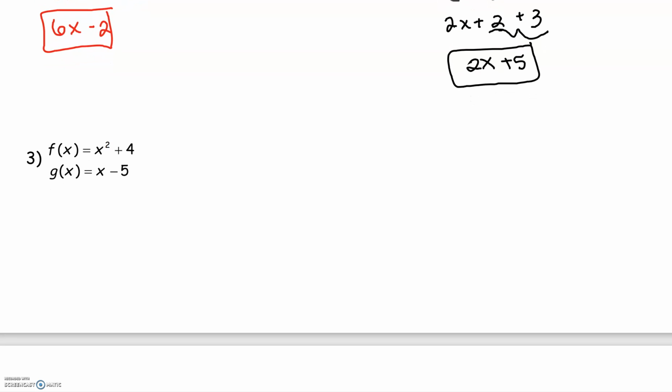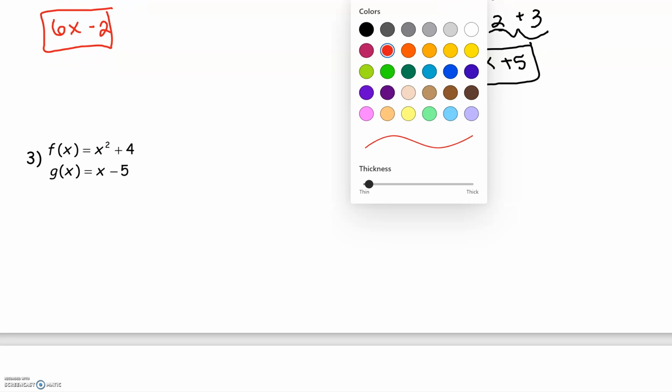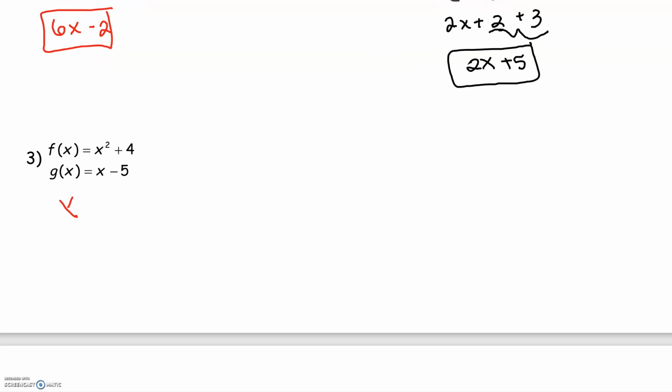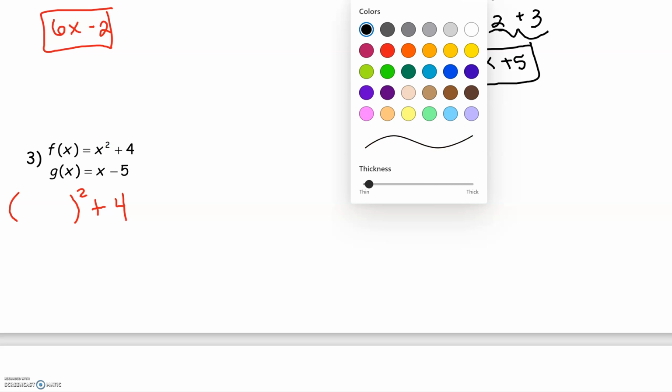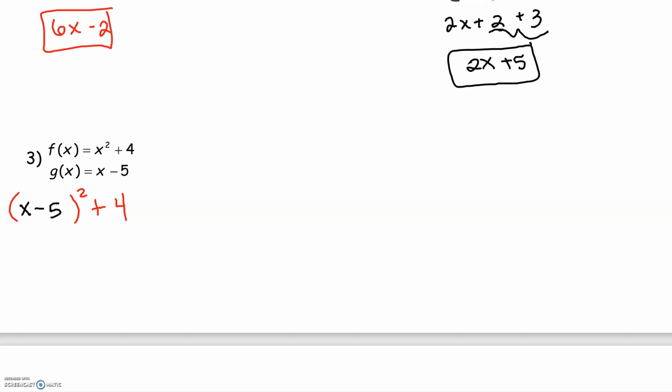All right, so 3, we're going to write out that f function. Instead of x, we're going to be putting a set of parentheses. So in our function, leave that spot open to replace that x. So now we plug in our g into that spot where the x is, substituting function g into function f.